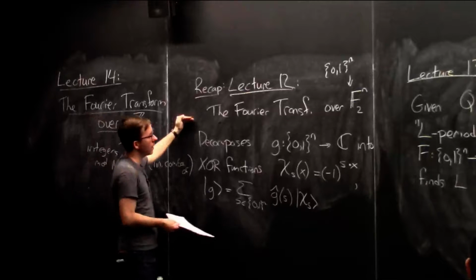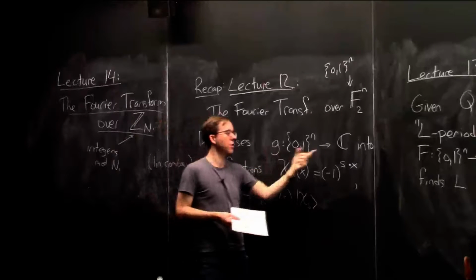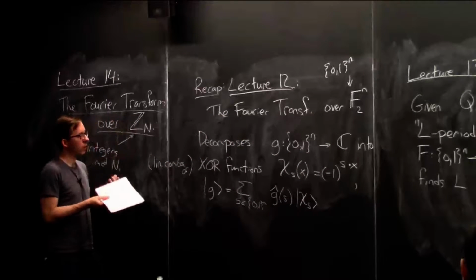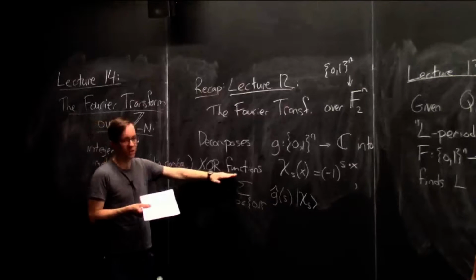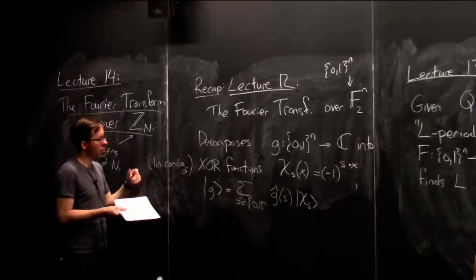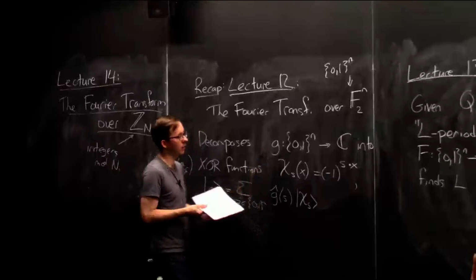And that was all about decomposing any old Boolean function, mapping, let's say, the Boolean strings into complex numbers, into these particular basis functions, the XOR functions, XORs of subset functions, and trying to figure out what strength each XOR function has in this given function g.